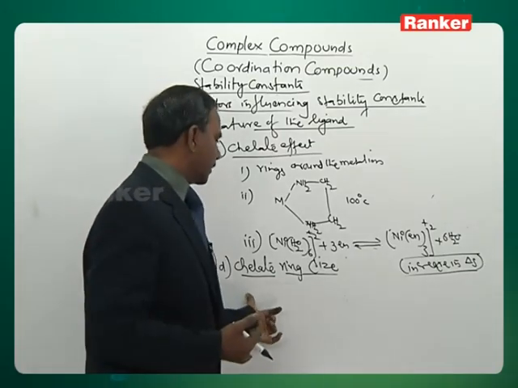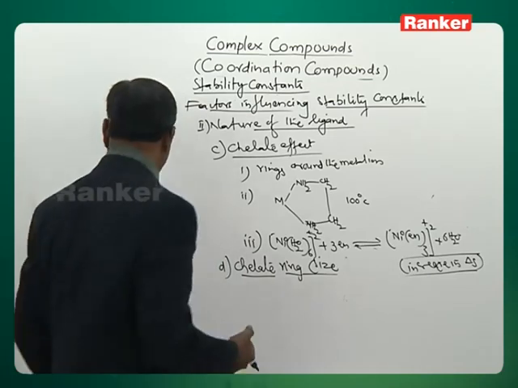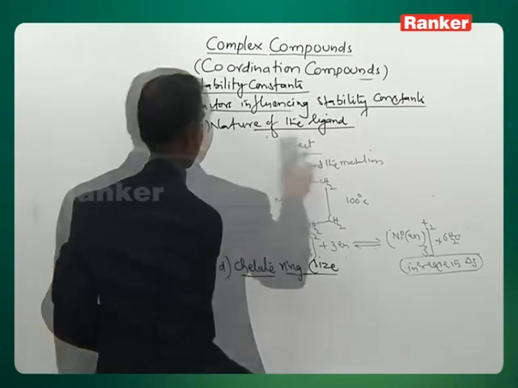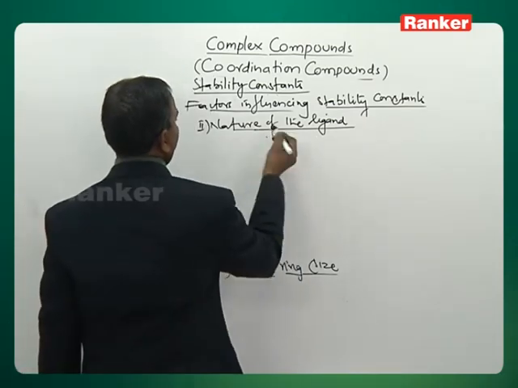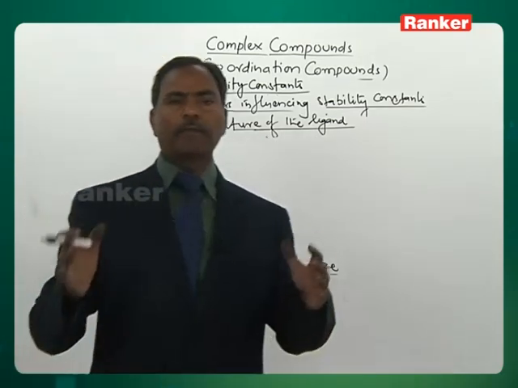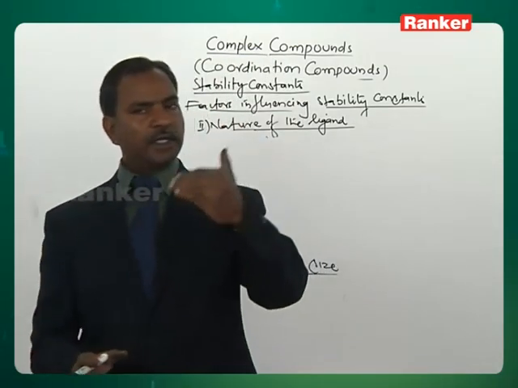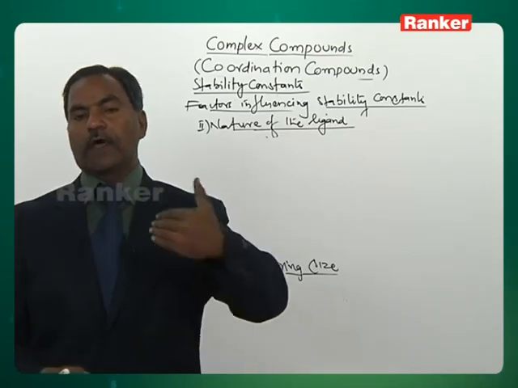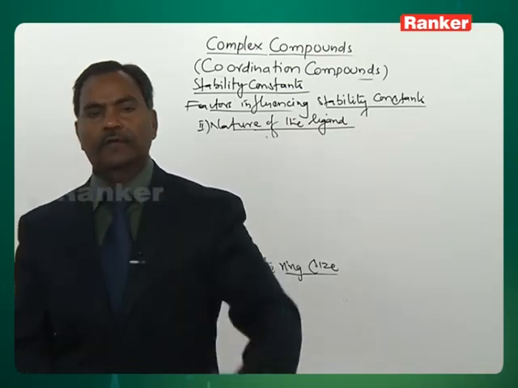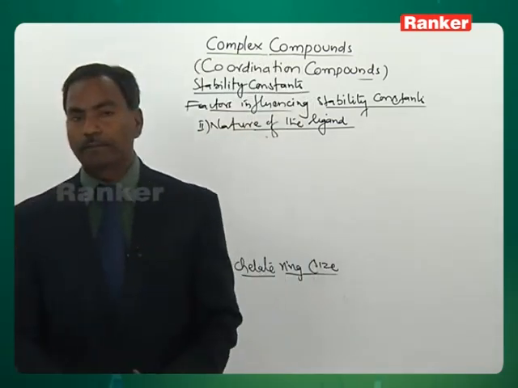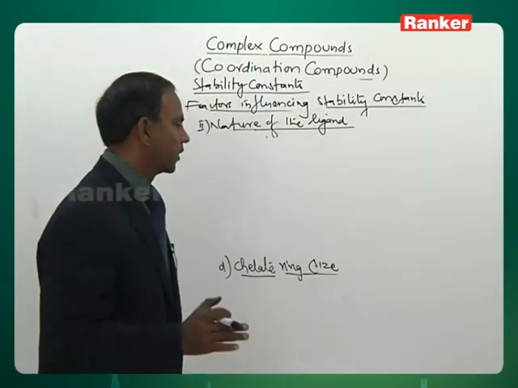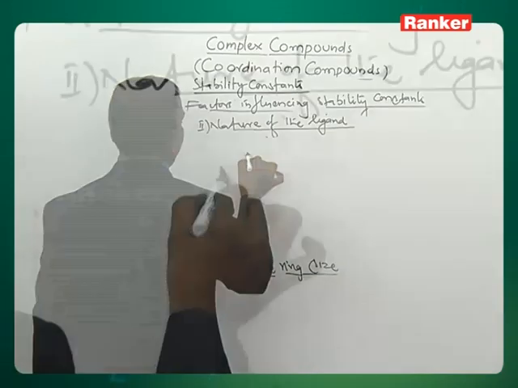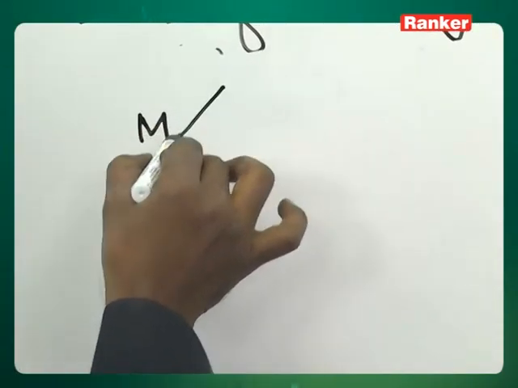Coming to the next, chelate ring size. In general, a 5-membered chelate ring is more stable than a 6-membered chelate ring, provided the chelate rings are saturated. Now, suppose you are taking the M(en) complex, ethylene diamine.